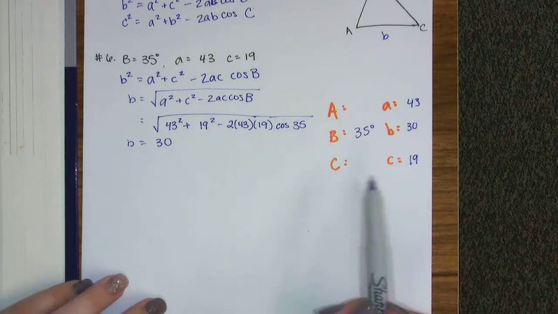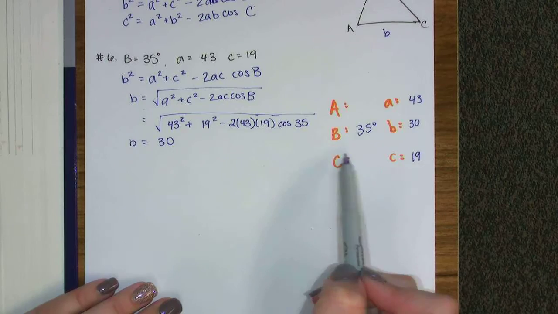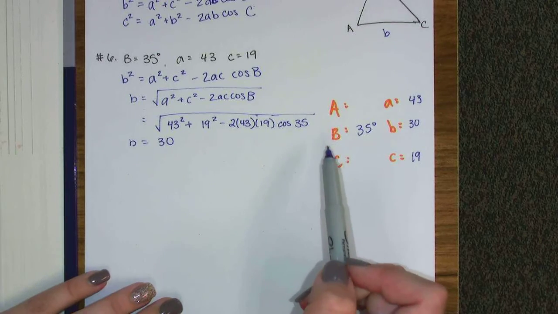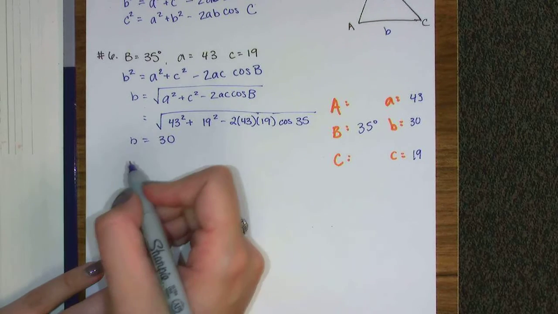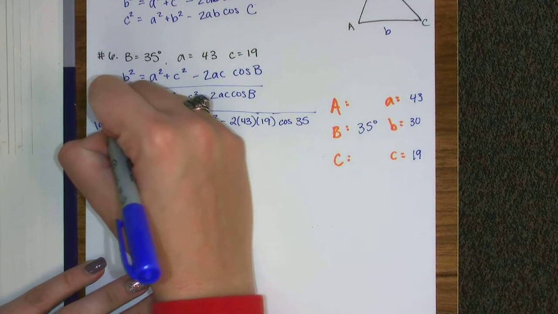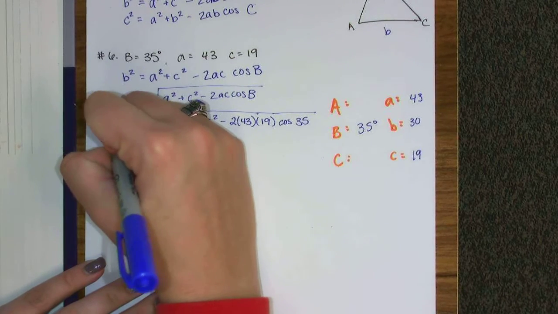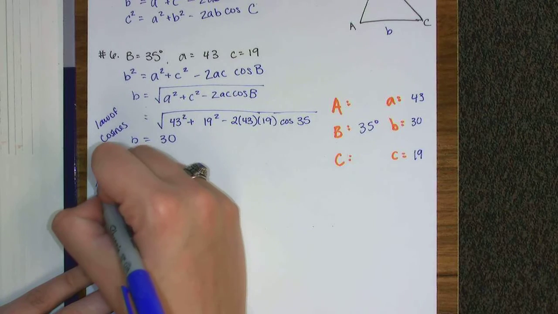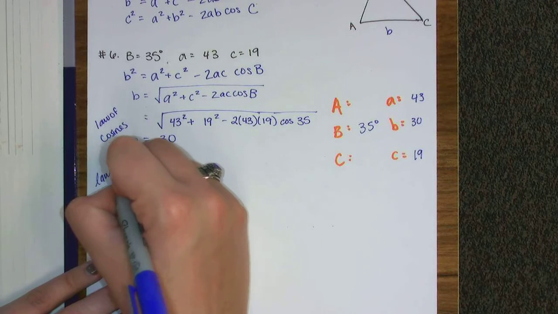So now we need to solve for another angle. It doesn't matter which one we do next, but I'm going to use the law of sines now. So this is the law of cosines, and now we're going to jump down and use the law of sines.